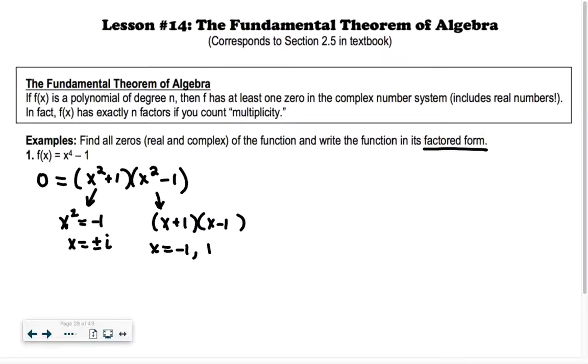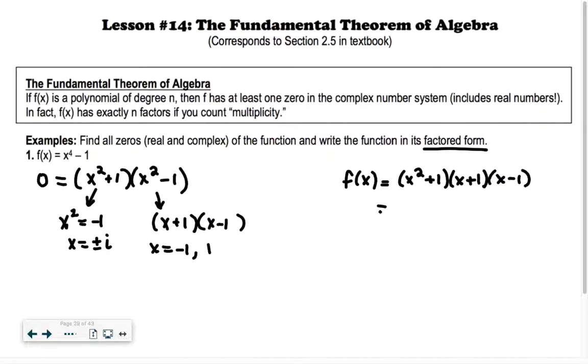So its factored form is going to be f of x equals x squared plus 1 times x plus 1 times x minus 1. This would be what we call linear factors and irreducible quadratics. But if I say something like factored over the complex numbers, we could actually factor even further.